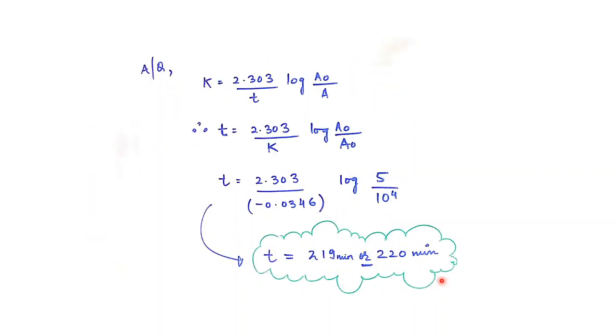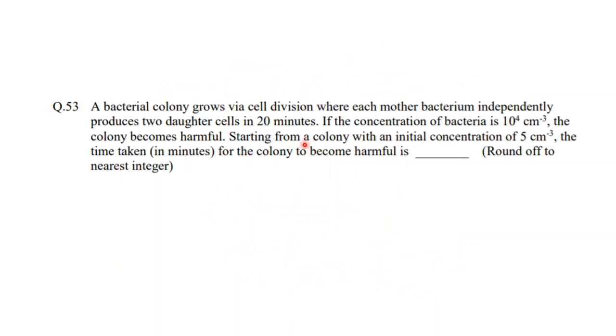If we substitute its value, we can find the time for this conversion. The time would come out to be around 219 or 220 minutes. So this is the answer: 220 minutes would be required to make the colony harmful. This is how you can solve this question.